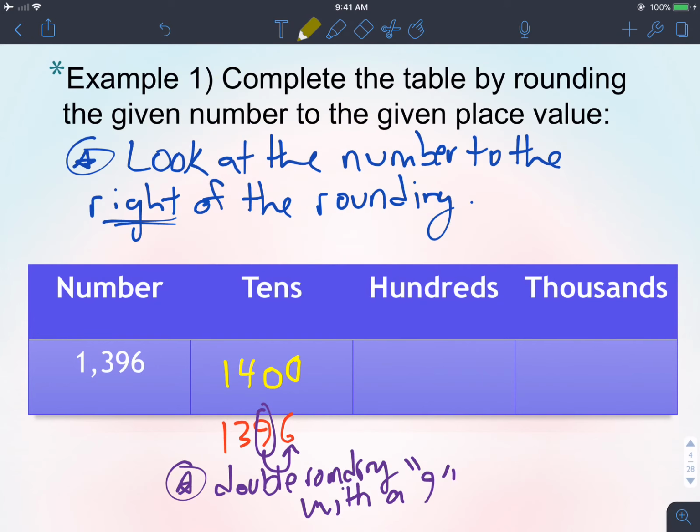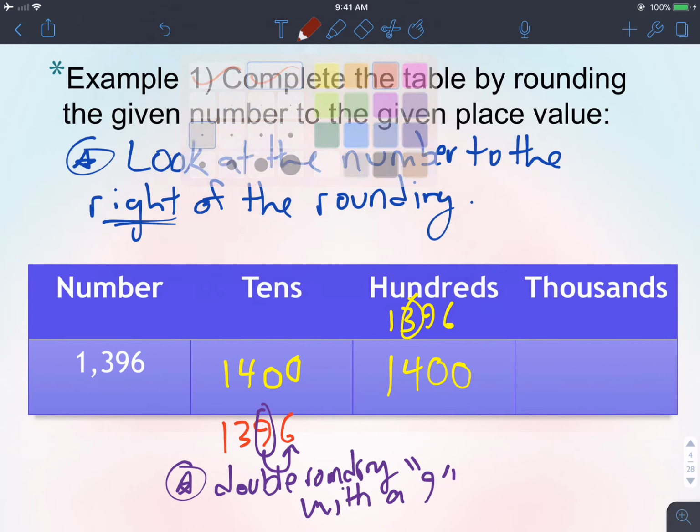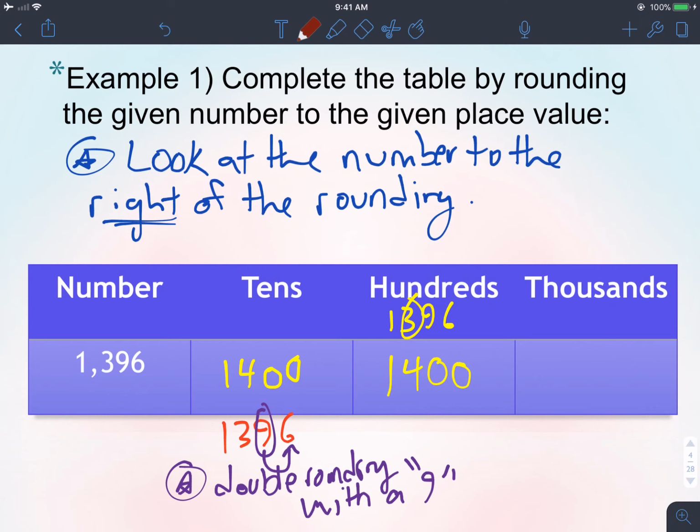So you might get a table where it's the same number. If I do 1396 rounded to the nearest 100, well, I look at the 9, I got to move it up, and this is actually the same answer, believe it or not. 1, 3, 9, 6.